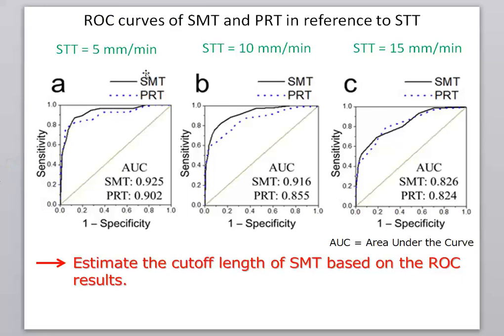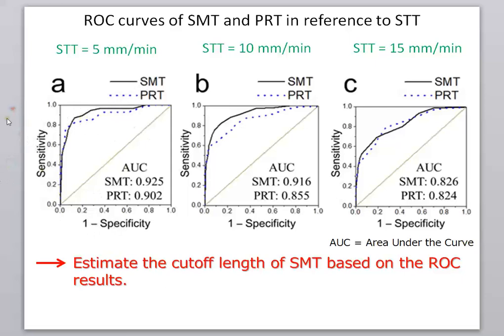The black line is for SMT. The X-axis is the 1 minus specificity values, and the Y-axis represents the sensitivity values. So we want to find out the best value of SMT cutoff length at each plot.